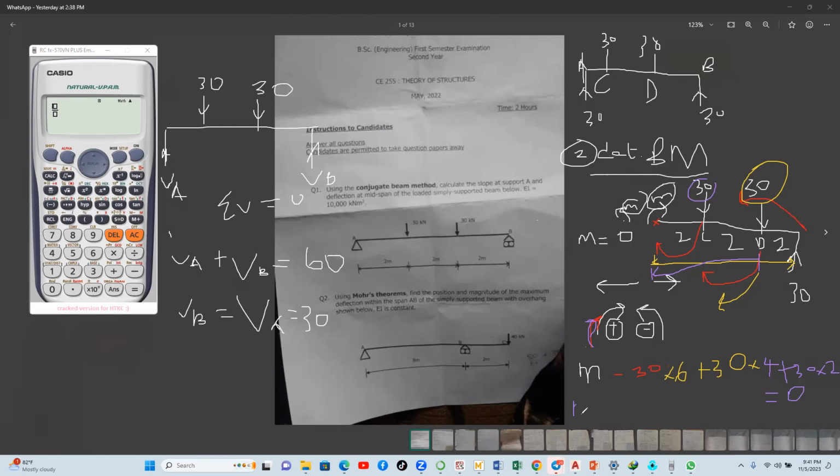So my M, I'm going to end up getting, so let me have my calculator here. I'll send everything, the calculations, to the other end of the equation. So I'll be having 30 times 6, 30 times 6 plus 30 times 4.